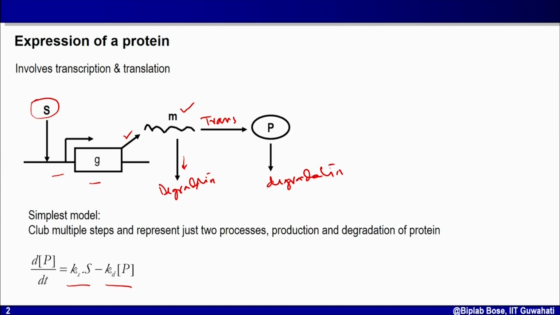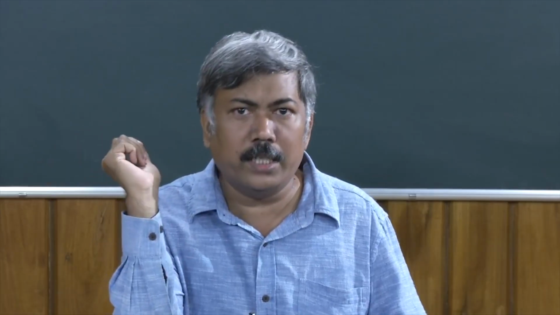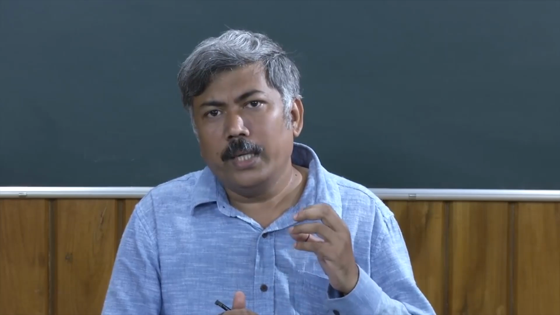This is the simplest one I will always recommend, or try to use, if I am not bothered about the detailed mechanism, the multiple steps involved in the production of a protein. But in some cases, I have to bother about these multiple steps in transcription and translation separately, because maybe I want to explore the dynamics in terms of the dynamics of the external signal.